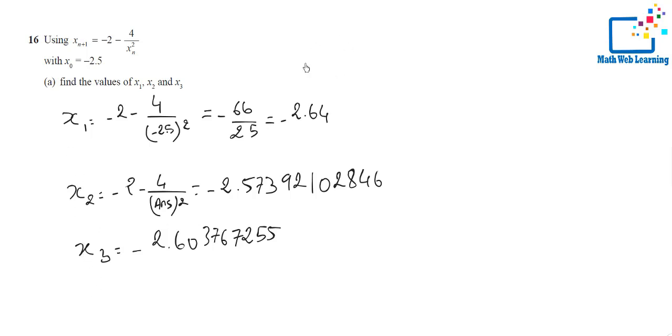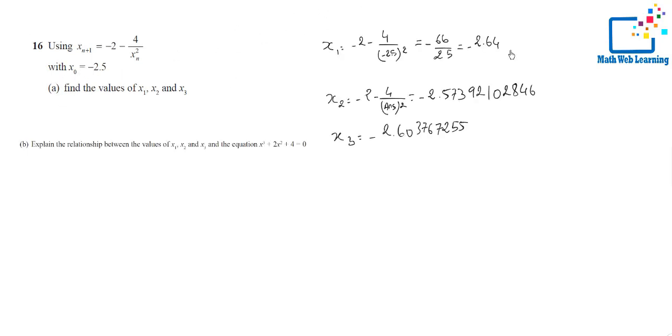Next is part B of this exercise. Part B is asking us to explain the relationship between these 3 values, x1, x2, and x3, and the equation x cubed plus 2x squared plus 4 equals 0. So let's start with x cubed plus 2x squared plus 4 equals 0.